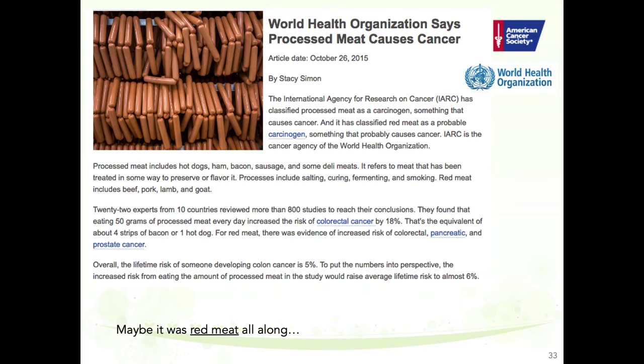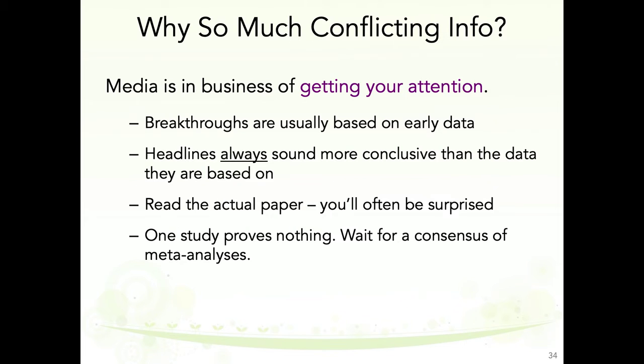So maybe it was the red meat consumption all along. And as a reminder of effect size here, smoking is vastly worse for cancer outcomes than eating red meat, even if both are, quote, significant causes of cancer.